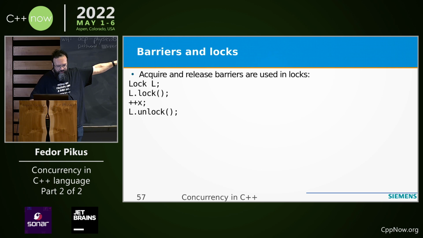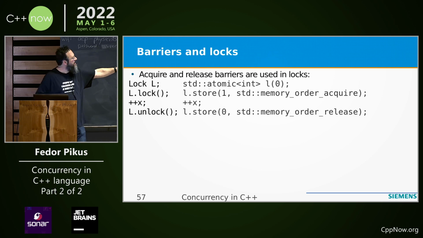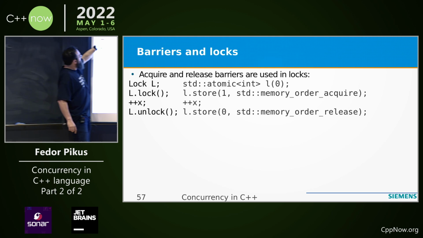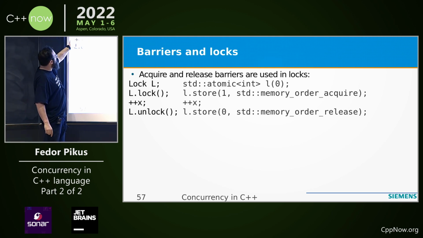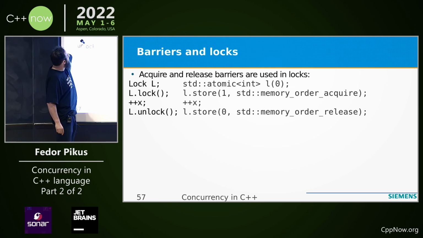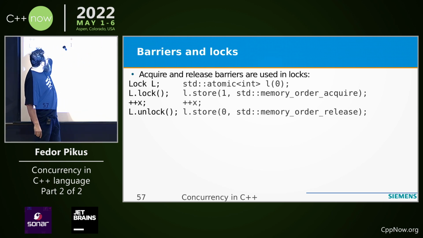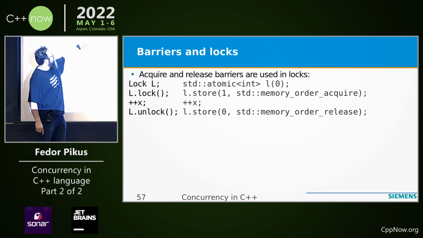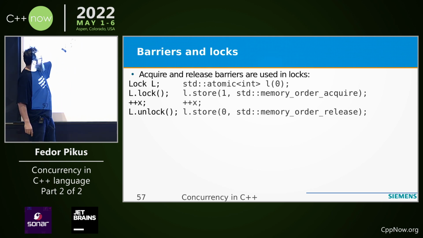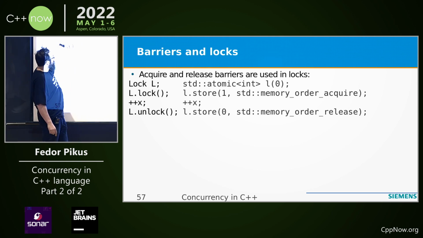So here is your lock. What does it do? Well, let's say this L is an atomic value that starts its life with 0. In order to lock the lock, you store a 1 into it. Well, storing 1 would just grab you the lock, even if somebody else already held it, so that's no good.